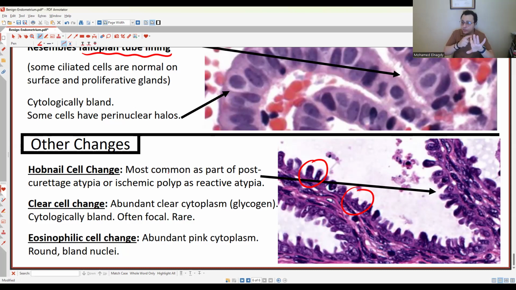So the physiological phases of the endometrium: proliferative, early secretory, late secretory. The glandular and stromal breakdown in dysfunctional uterine bleeding, and the decidualized endometrium in case you have an IUD or progestin-only oral contraceptives, the widely spaced glands, atrophic glands, and these things.